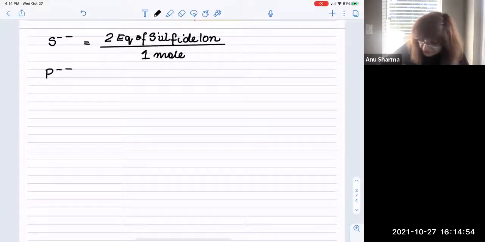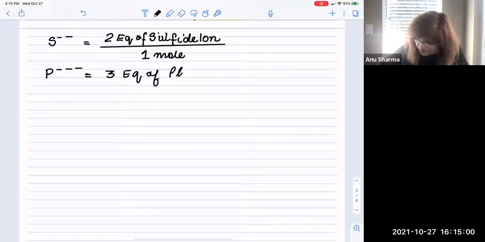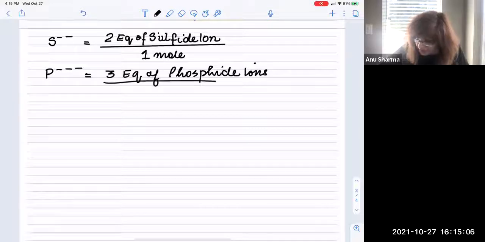Similarly, if you have phosphorus with 3 charges, this would become 3 equivalents of phosphide ions in 1 mole.